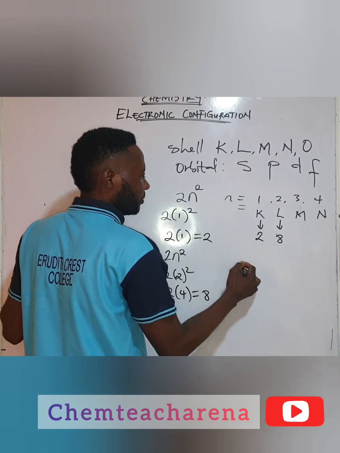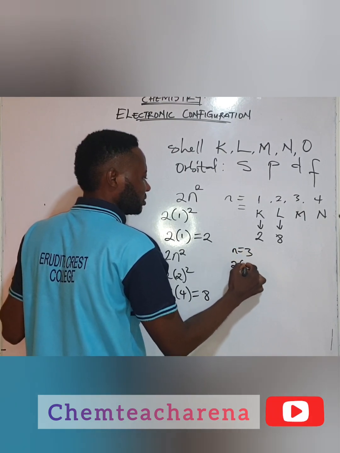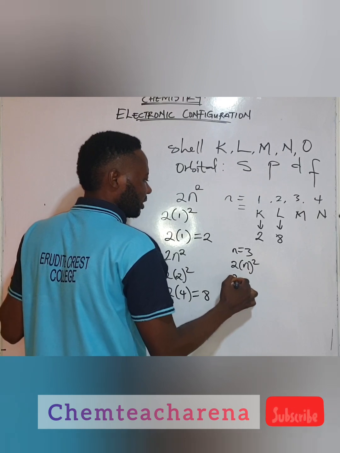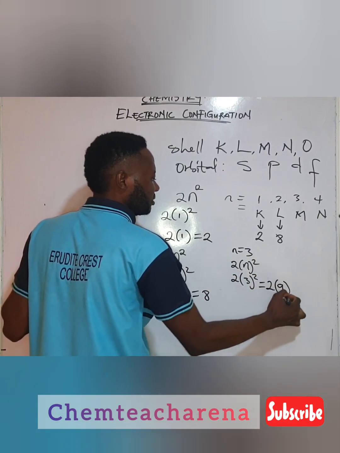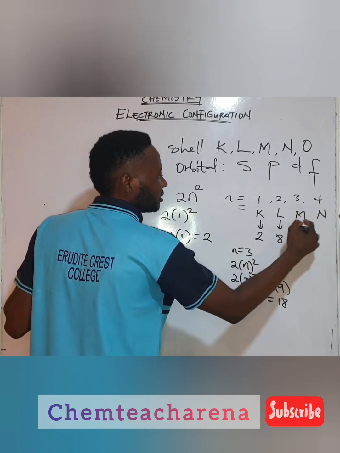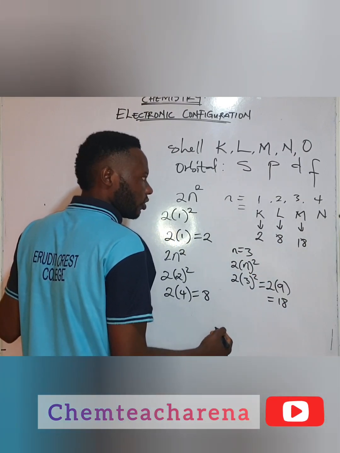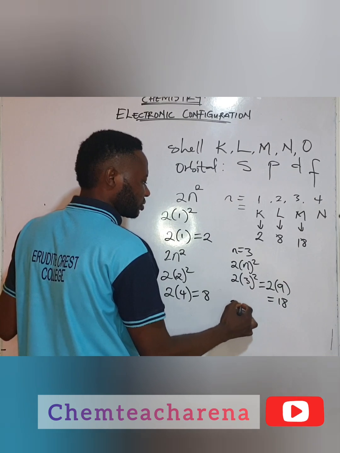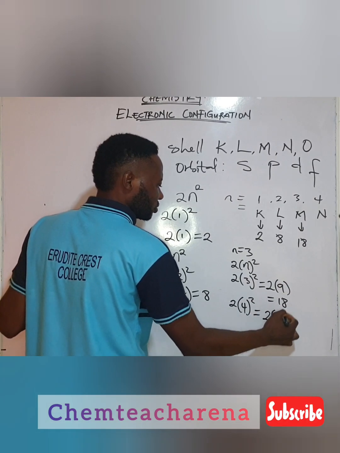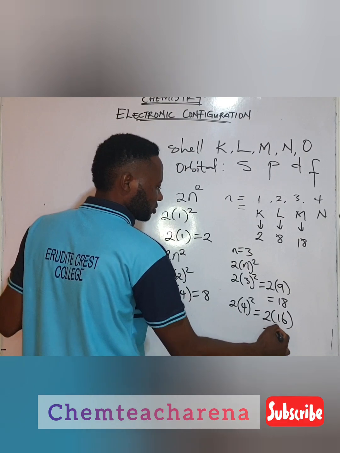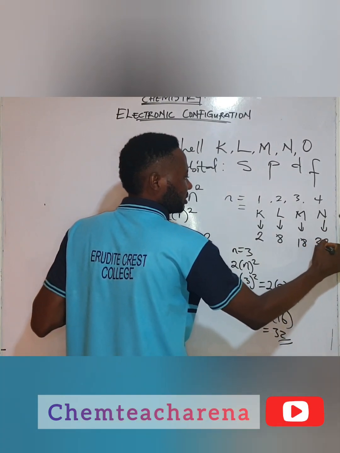Where n equals 3, we have 2 times 3 squared, which is 2 times 9, which is 18. For the last one, 2 times 4 squared is 2 times 16, which is 32.